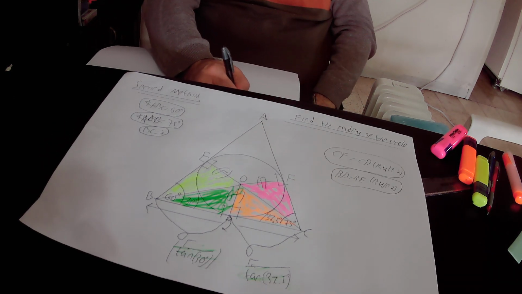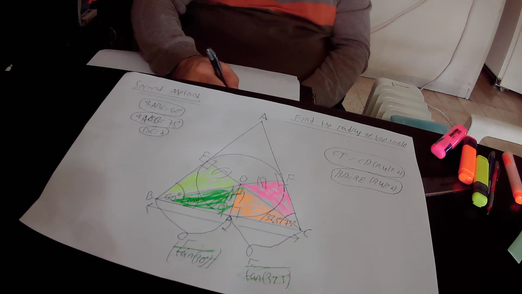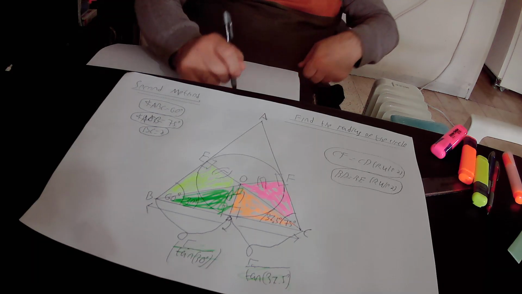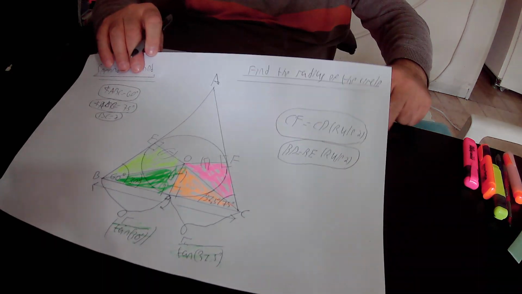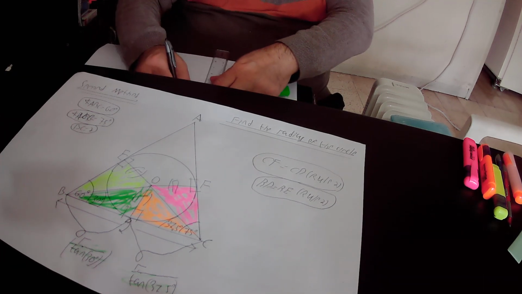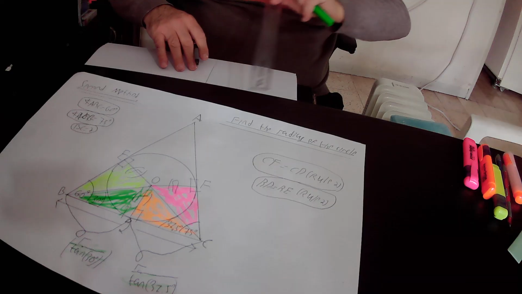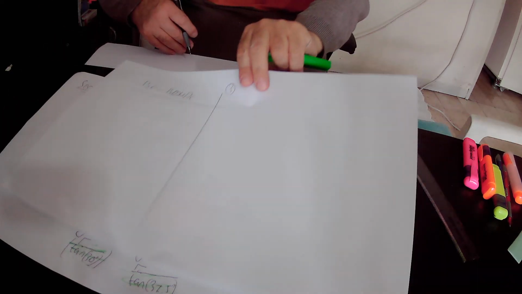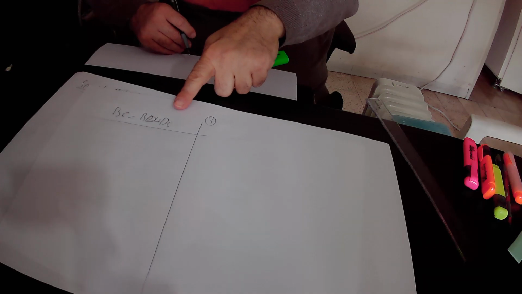Side BC equals BD plus DC. Repeat again, from the drawing it is very easy to see that BC equals BD plus DC.